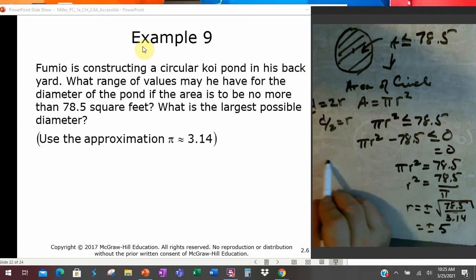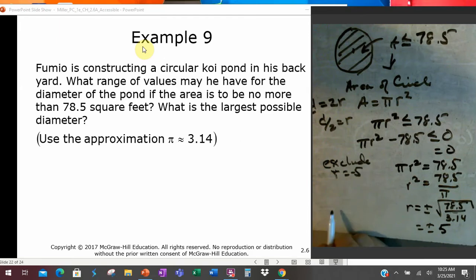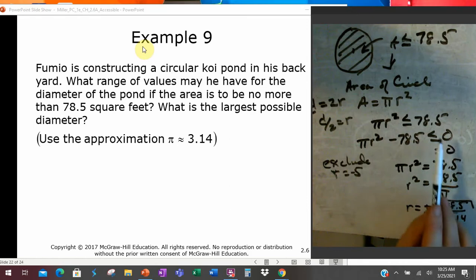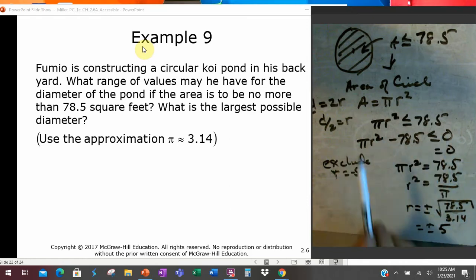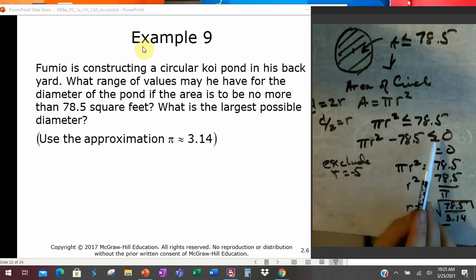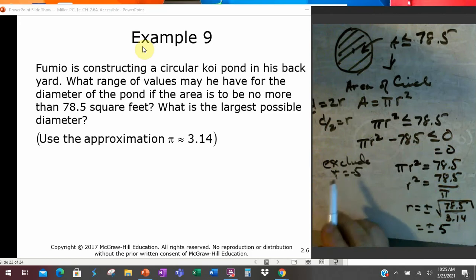No. Exclude it. This is just practical. So now we need for this to be less than or equal to 0. So the critical point is 5. Do I need bigger than 5? If I put in something bigger, like 10, I would get something bigger than that. So I want this to be less than 5. So I need r to be less than or equal to 5.